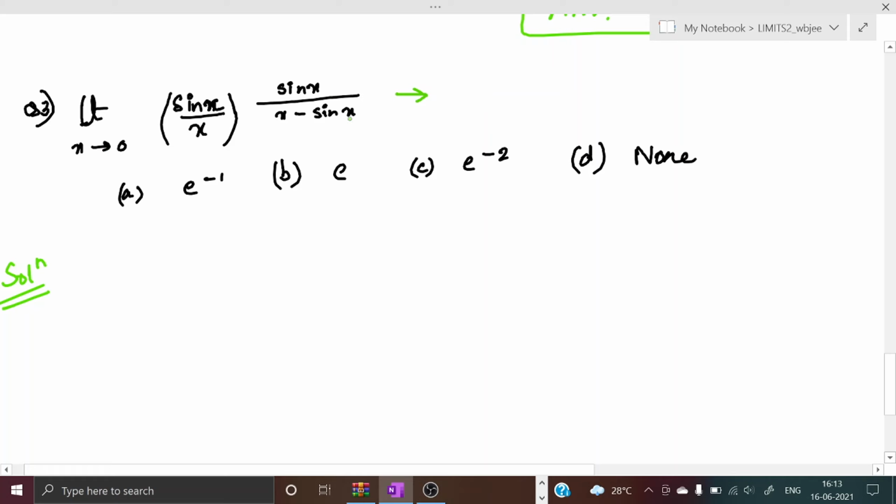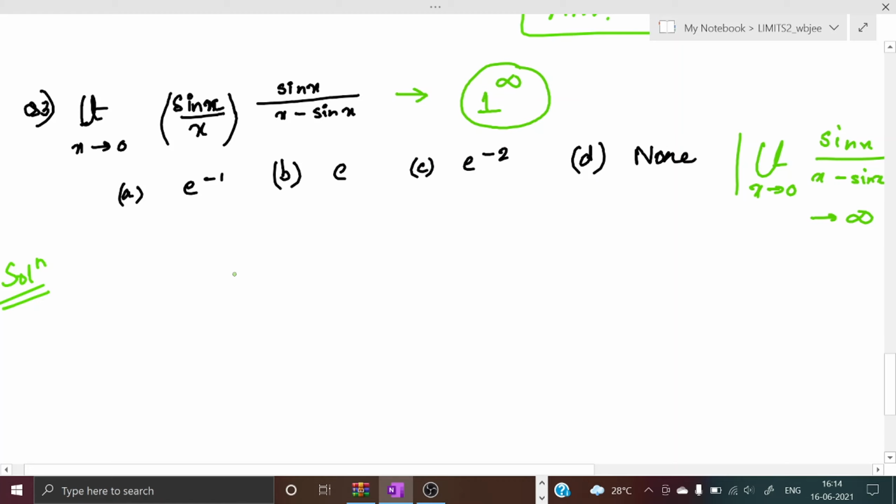As x tends to 0, the base tends to 1, and the exponent, sin x by x minus sin x, tends to infinity. So it is 1 to the power infinity form.